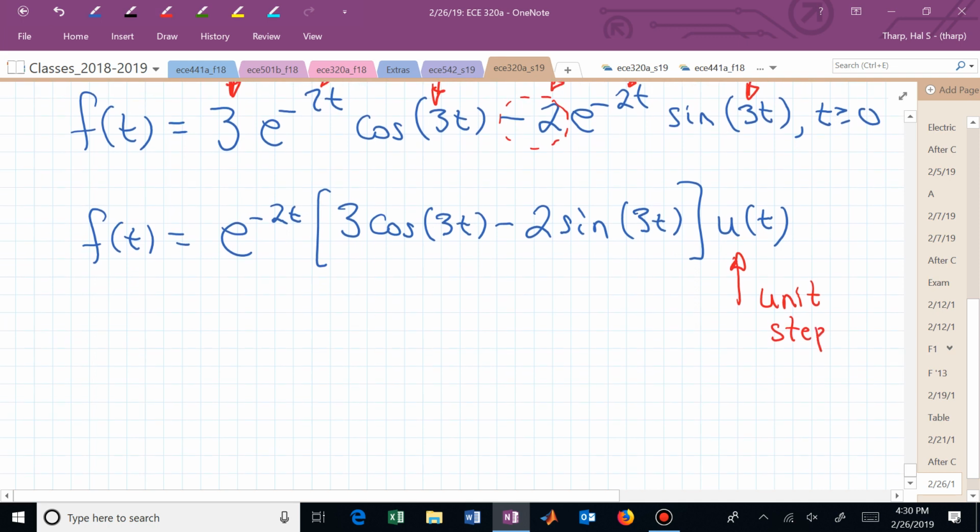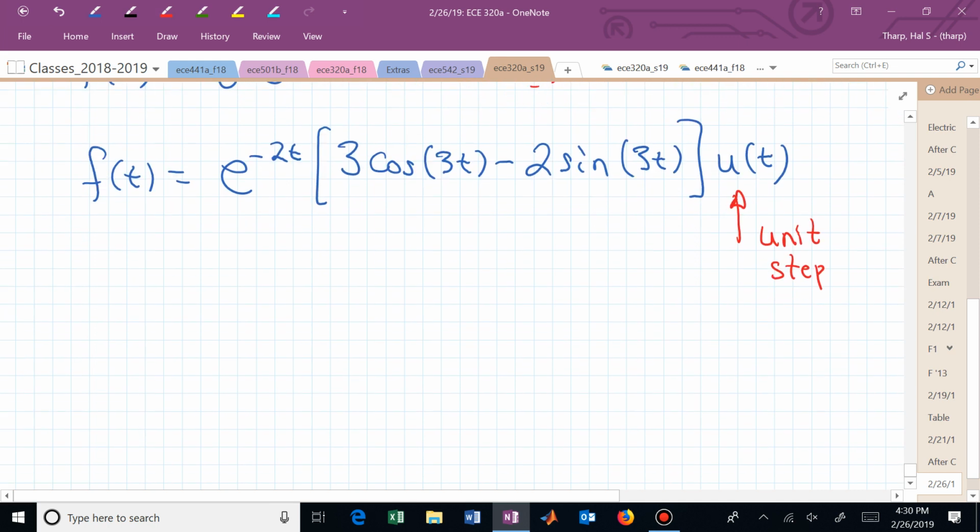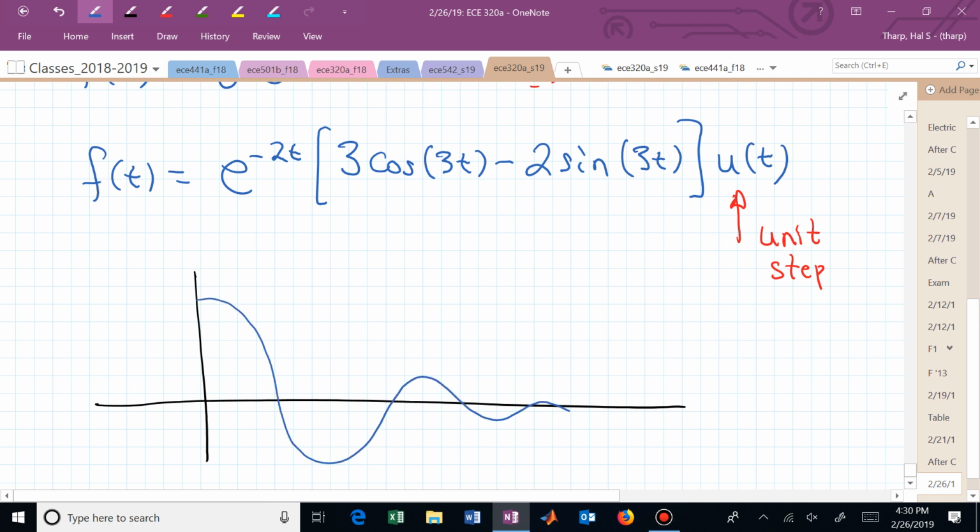And what's the unit step actually doing? If we now had this exponentially decaying, let me just draw the cosine because that's easier to draw, but I have something like this, right? How it decays is e to the minus 2t.